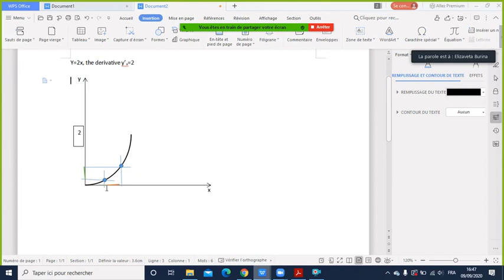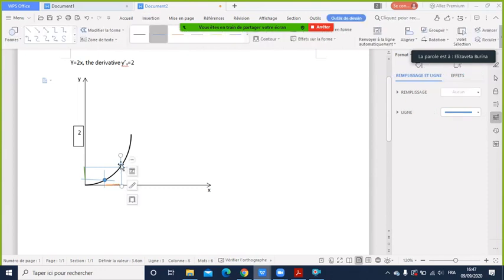And now what does it mean that h tends to 0? It means that I'm trying to reduce this interval to like a dot, not even a dot, right? So I kind of end up here. When I decrease this, if this is the initial point, then I'm going to end up back here.